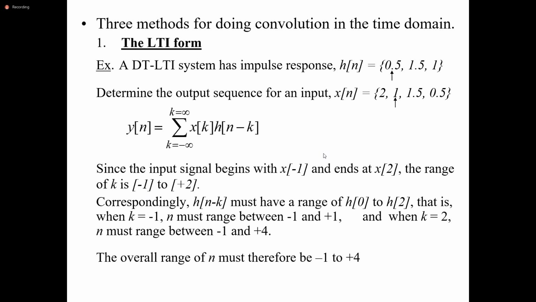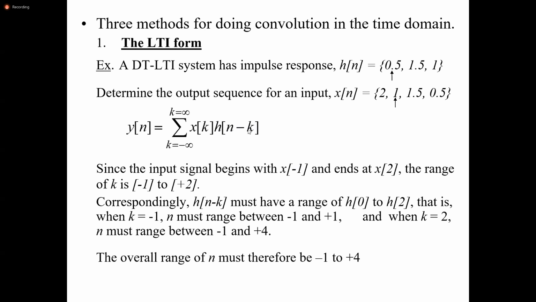How tricky all this can be, because here you're going to have to determine what is the range of values of k. So k is going to go from, right, you want to plot here, k is going to go like from -1, 0, 1, 2. And then you also have to take into account your h of n minus k.